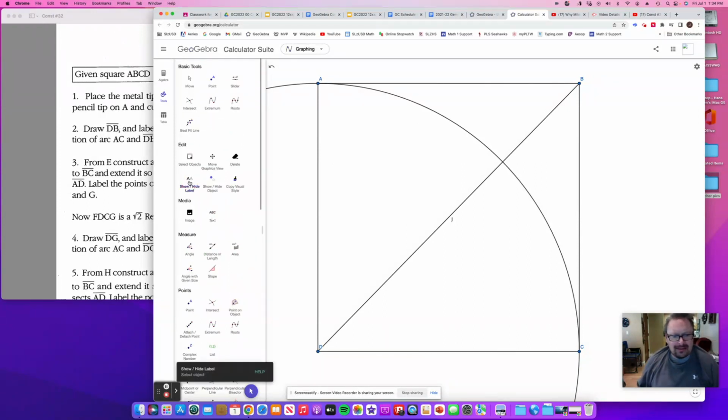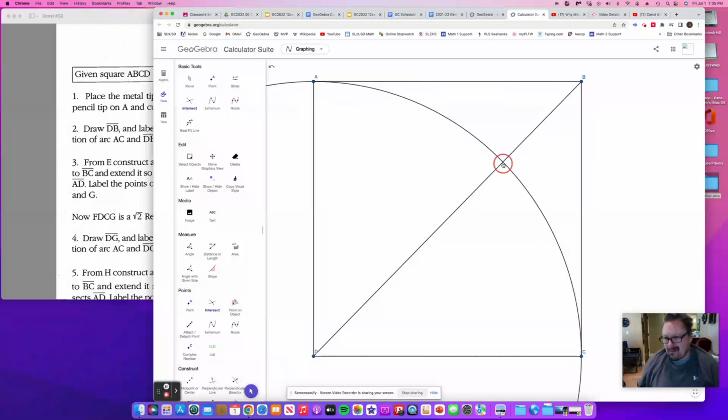So every line segment I make, it's going to put this little letter on there naming that line segment, and every time I'm going to hide that label, just because I don't want 100 million of those things when I'm done. All right, so that was point E.